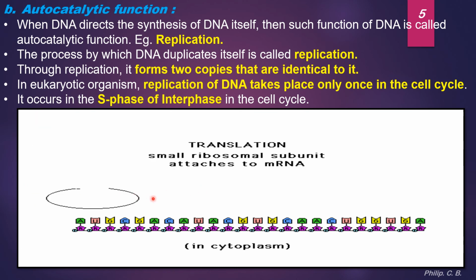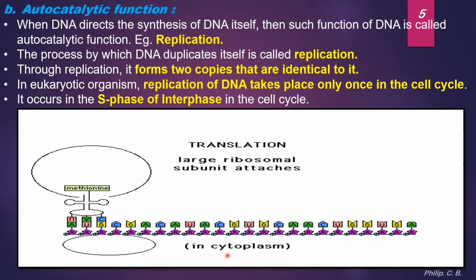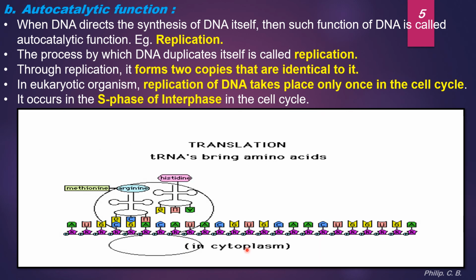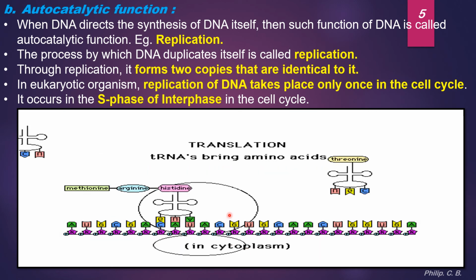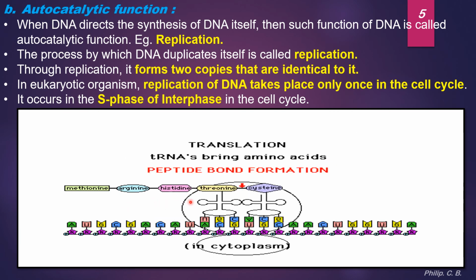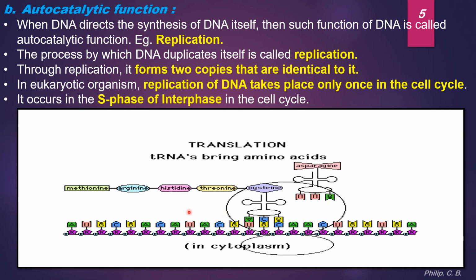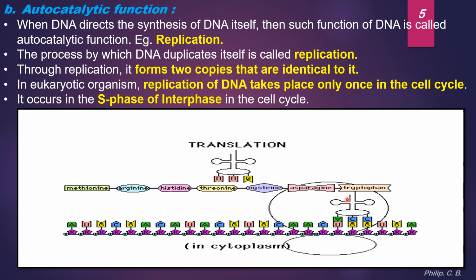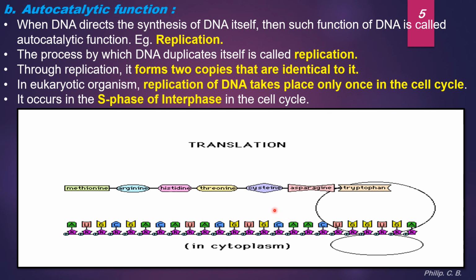Here you can see the translation process, which takes place in the cytoplasm. In this animation you can see both transcription and translation. In translation you can see how methionine, arginine, histidine, threonine, cysteine are forming one after the other, followed by arginine, tryptophan. That is the translation process taking place in the cytoplasm.